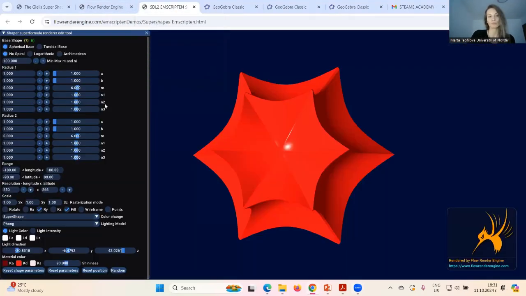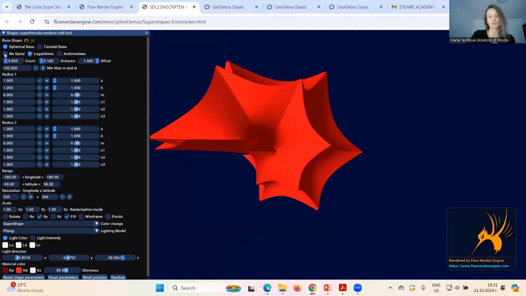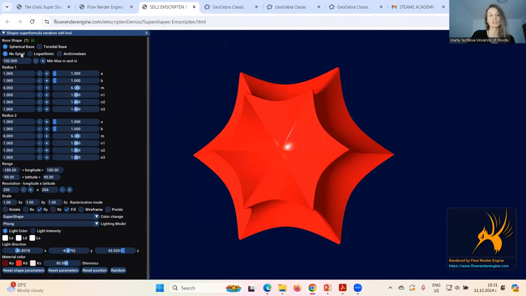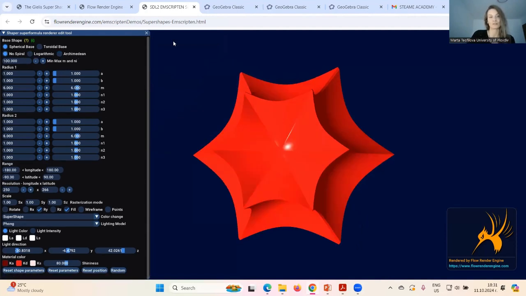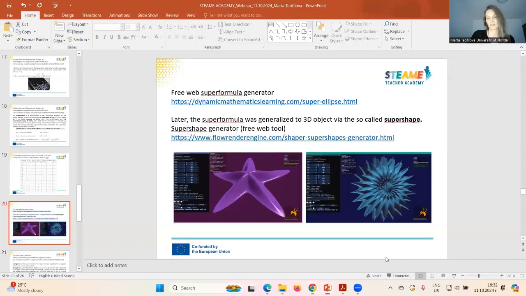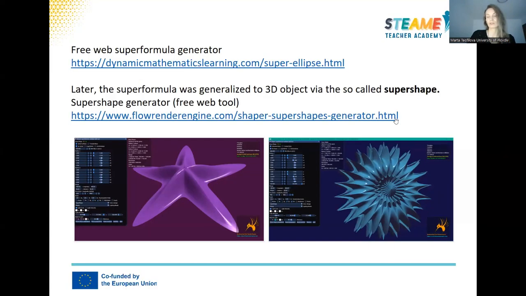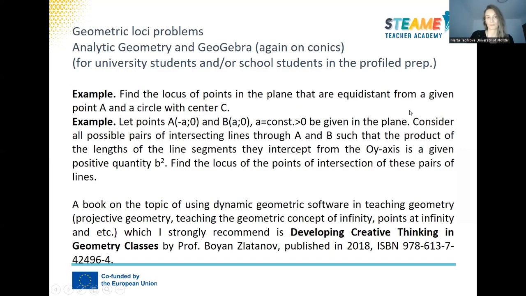You can play with the parameters. Here, for example, is not using a spiral. Here, the shape is using a logarithmic spiral or Archimedean arithmetic spiral. This might be very interesting for students to look at connections between mathematics and biology.